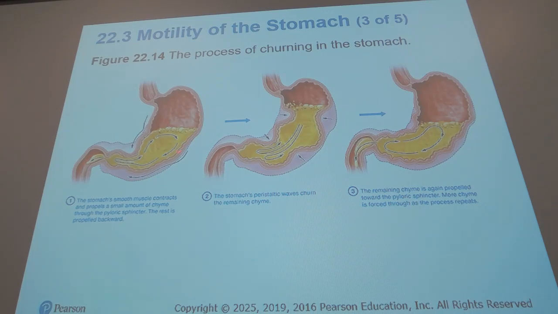So these are propulsive movements, and then you will have contraction of your muscle cells in your stomach, the circular layer and the longitudinal layer, plus the oblique layer, making churning movements. So these are peristaltic waves that are going to help to produce this chyme. And then the remaining chyme is again propelled against the sphincter, opening the sphincter, leading to more release of the chyme so that you can empty the stomach.